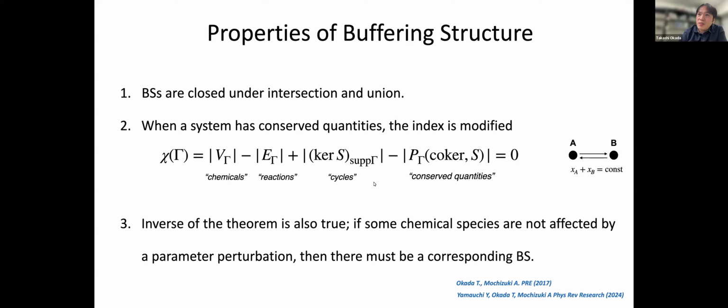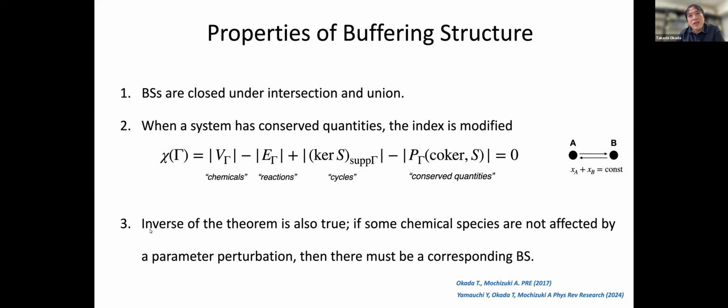The first three terms are the same as in the case without conserved quantities, but when the system has conserved quantities, we have the additional term shown here. And this last term counts the number of conserved quantities inside the buffering structure. With this modification, we can show the same thing even when the system has conserved quantities.